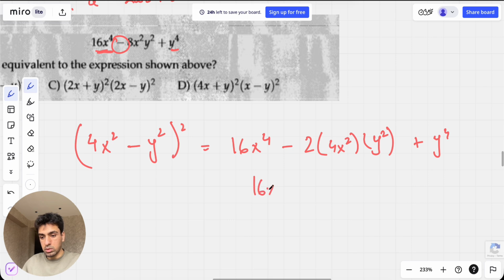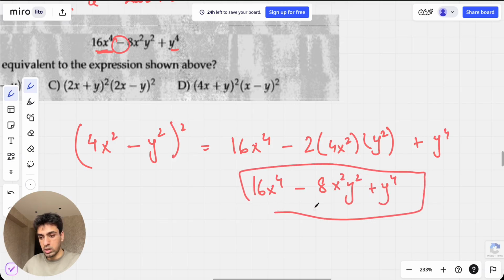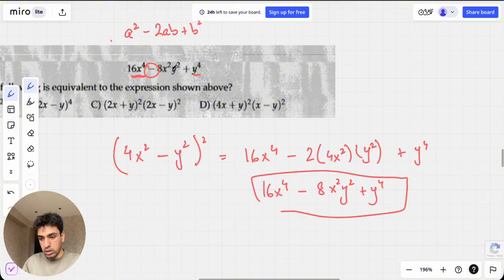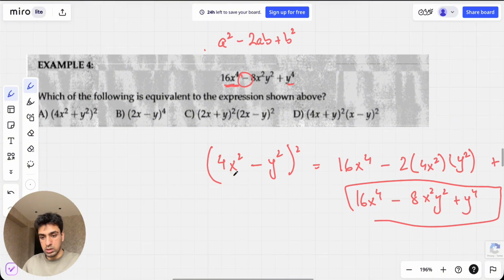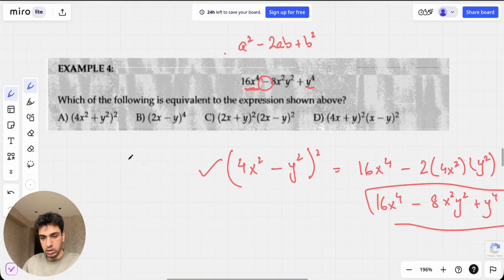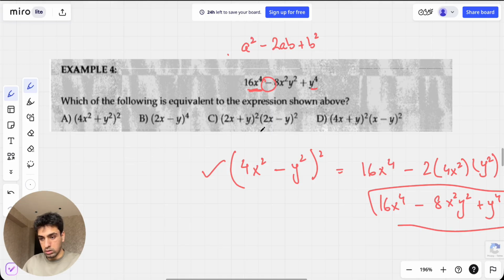Now this becomes 16x to the power of 4 minus 2 times 4, which is 8x squared y squared, plus y to the power of 4. You can compare this with what they have given you, and that is a perfect match, which means this would be correct.